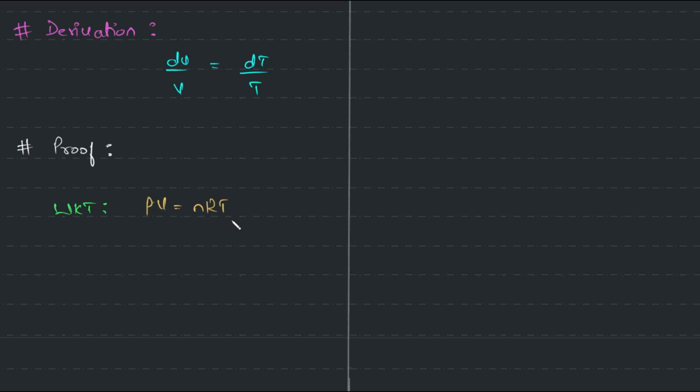So we are looking at the derivation of dV/V = dT/T. Now we'll start off over here. So we know this equation, and we'll see how it came into being: PV = nRT.